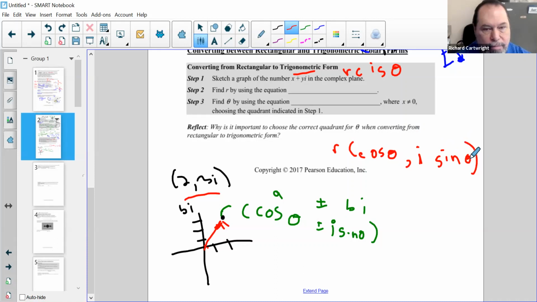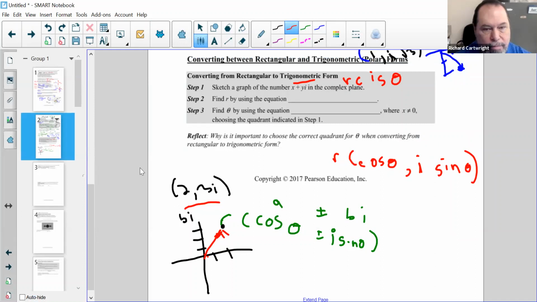So that's either way, either abbreviated or long. So first thing, sketch the graph of the number x plus yi in the complex plane. I just did one. See that? I did sketch that. Now let's find r.